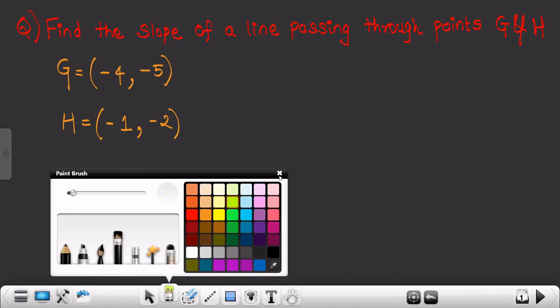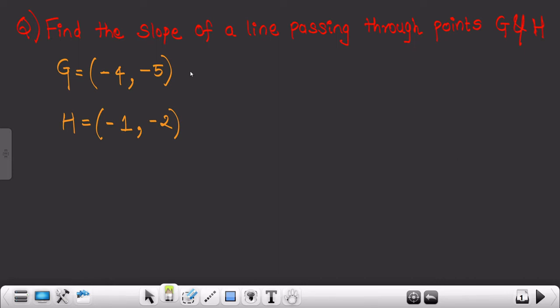Alright, now it's my turn to solve this numerical. What I will do here is assume these 2 points as x1, y1 and x2, y2. It's up to you, you can also assume the points the other way around.